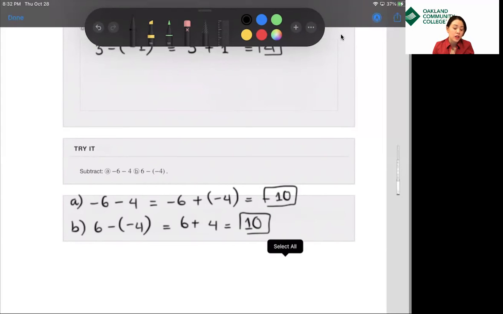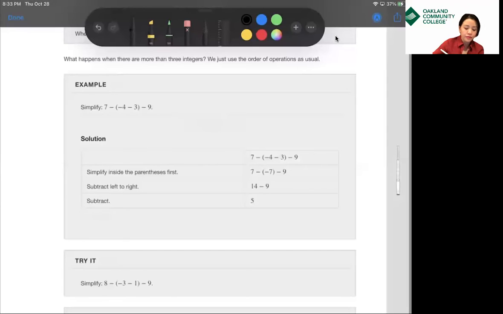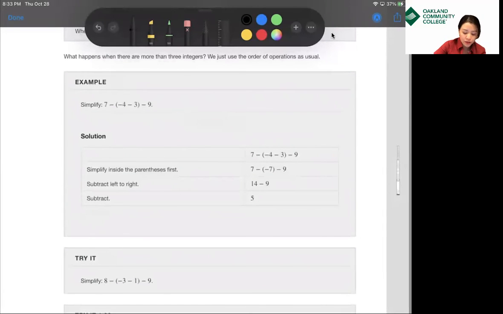Now we're going to take a look at some examples that are a little bit more complicated. So what happens when there are more than 3 integers? We just use the order of operations as usual, right? Remember, order of operations is very important. For example, I want to simplify 7 minus the quantity negative 4 minus 3, and then subtract 9.